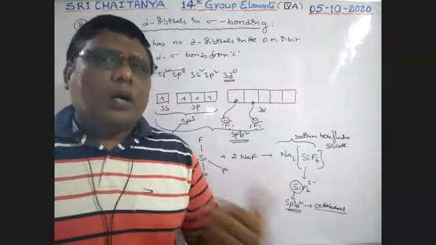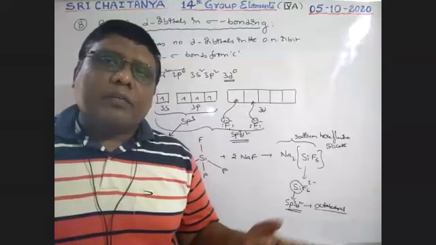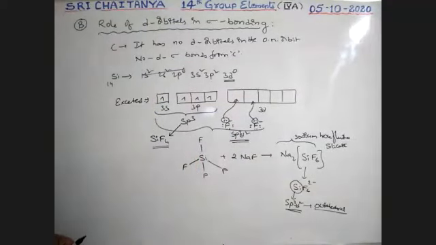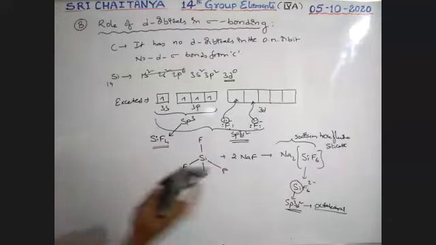Now, how are d orbitals involved in pi bonding?